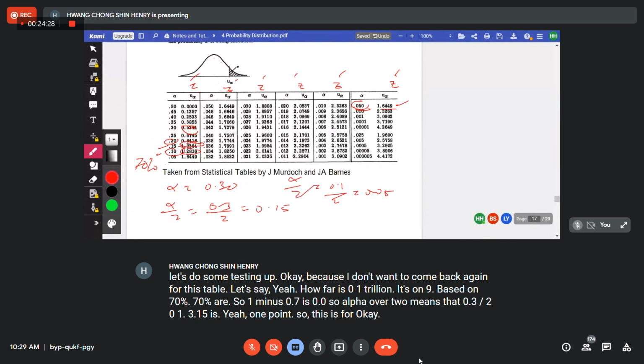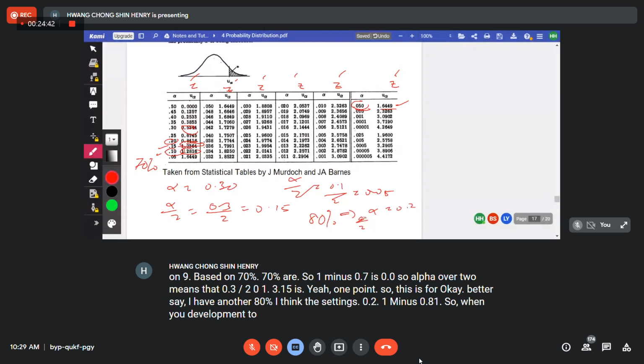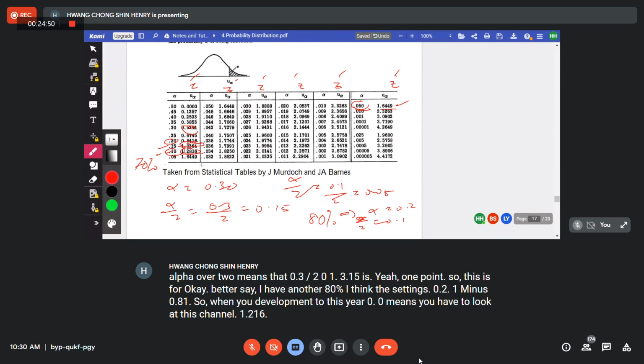Then let's say I have another, 80%. 80% means that alpha is what? 0.2. 1 minus 0.8. So when you divide by 2, you have 0.1, right? 0.1 means you have to look at this one now: 1.2816.